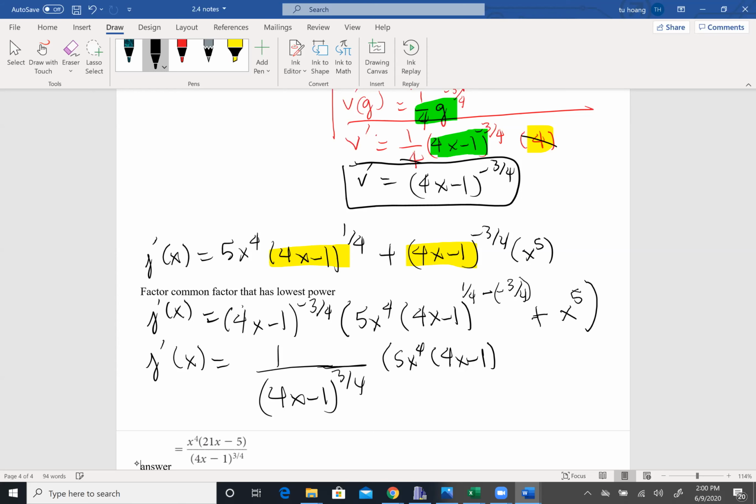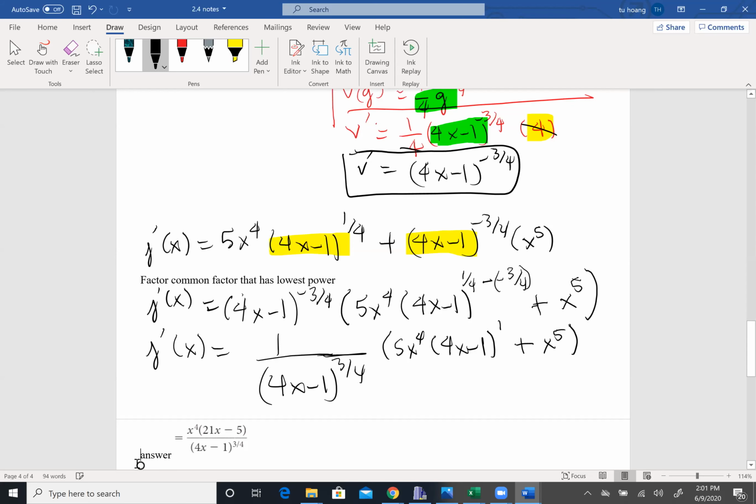Now 1/4 minus the negative 3/4 is plus 3/4. So I'm gonna have 4/4, which is equal to 1. Does that make sense? Okay, 1/4 plus 3/4 is 4/4, which is equal to 1, and then plus x to the power 5. Okay.